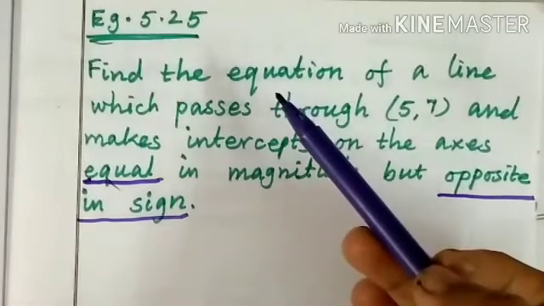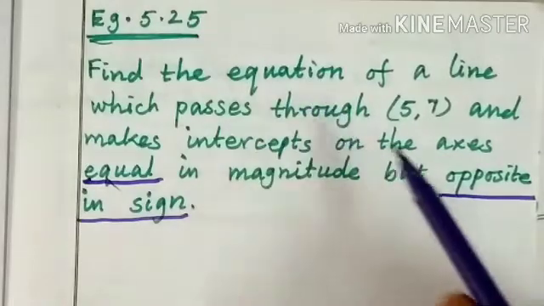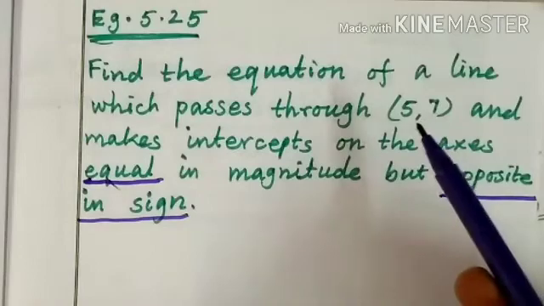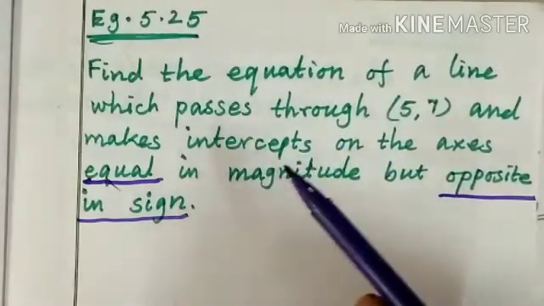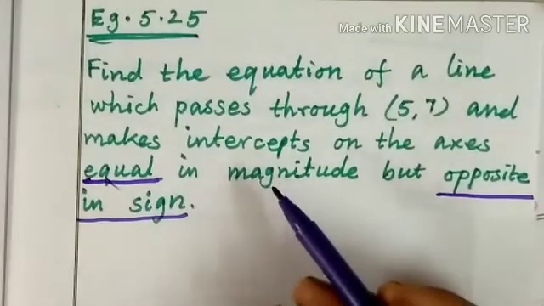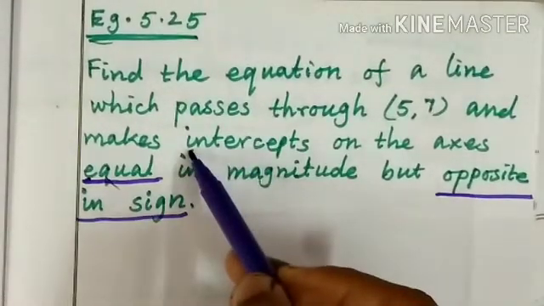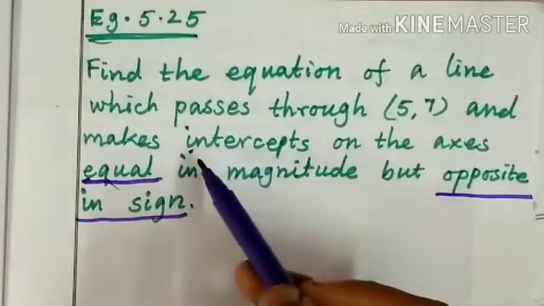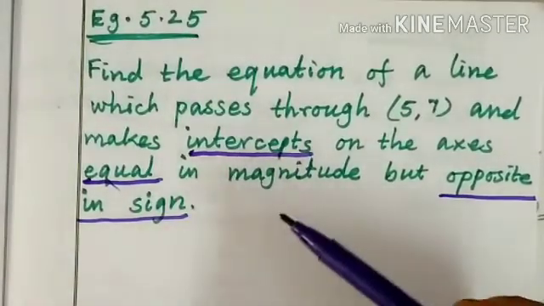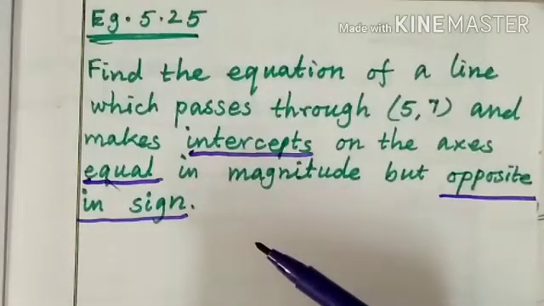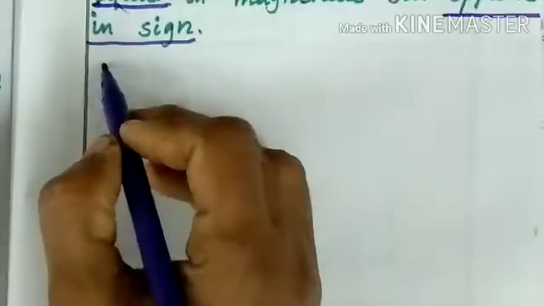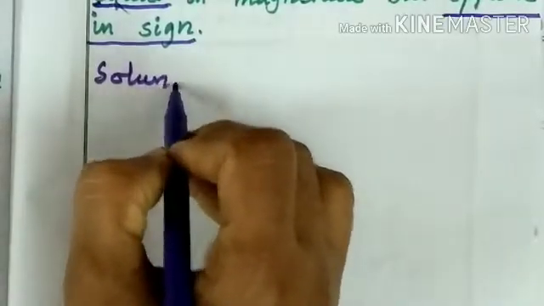Here, the required equation of the straight line passing through the given point, and the intercept condition is also given. Which formula do you have to apply here? Yes, intercept form, that is x by a plus y by b is equal to 1. Let us do the solution.